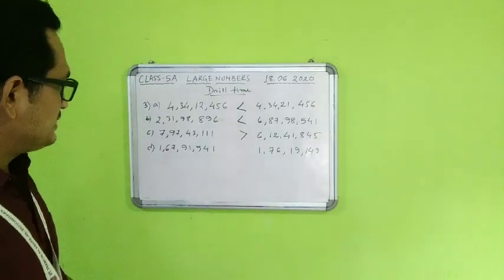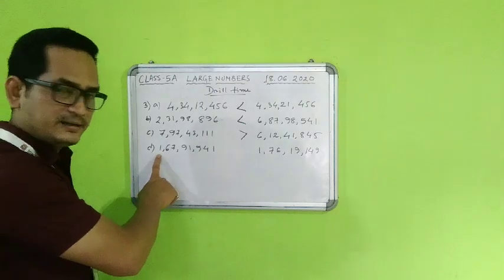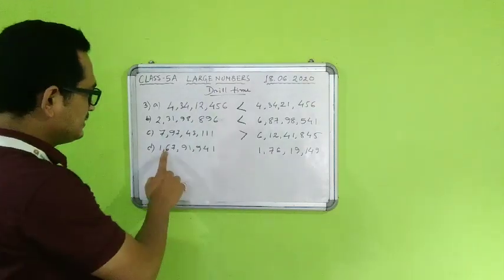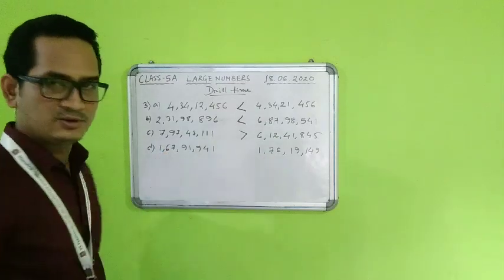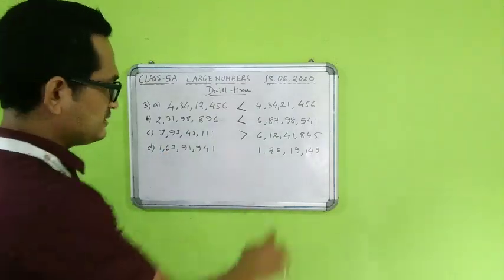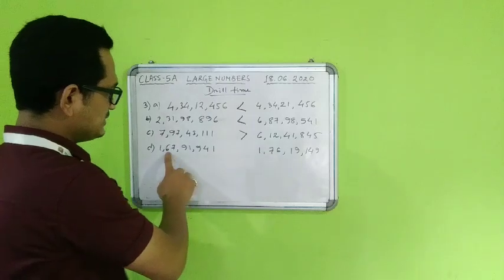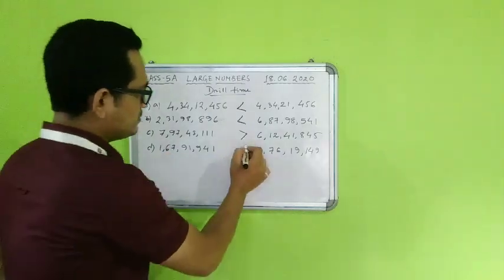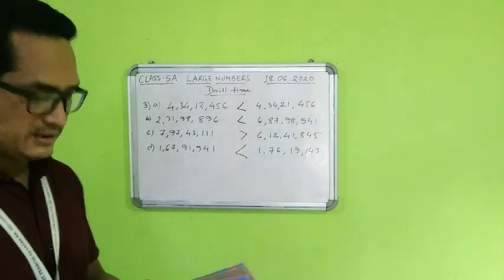So let us continue from the left-hand side. Here is 1, this is also 1, so they are the same, we cannot decide. Here it is 6, here it is 7. So of course we got a difference here. This one is 6 so it is smaller, and this 7 is greater. So of course this number will be the greater one.